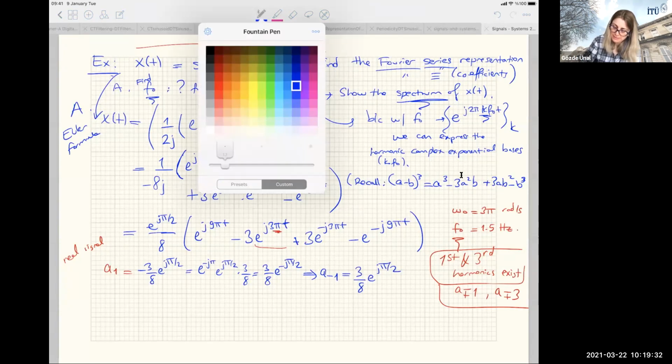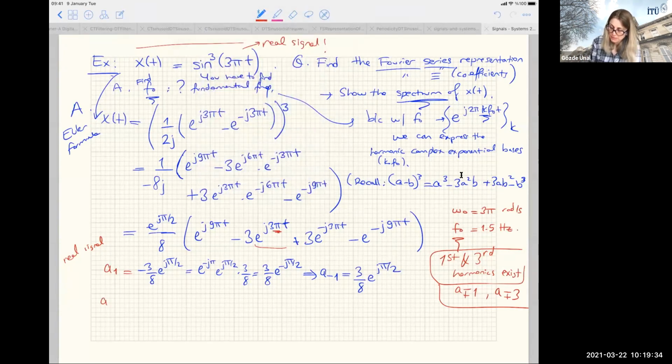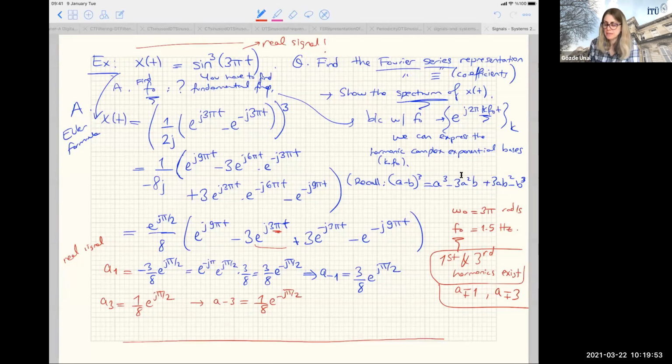Now A3, let's read off A3. First of all, 1 over 8 e to the j pi over 2, right? From there, actually, A minus 3 is easy, which is 1 over 8 e to the minus j pi over 2. Now, the spectrum is really, let's keep it on the same page.